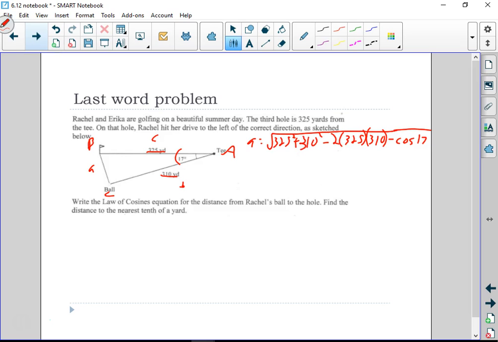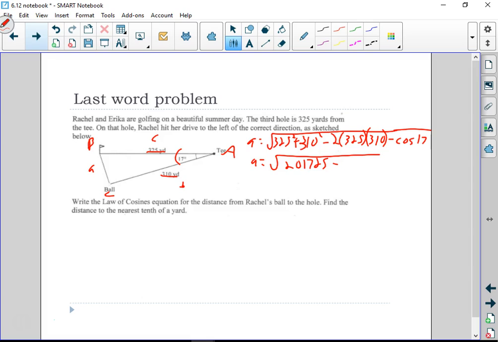So 325 squared plus 310 squared gives me A is equal to the square root of 201,725 minus 2 times 325 times 310 times the cosine of 17. Oops, I've got to do square root. Sorry.